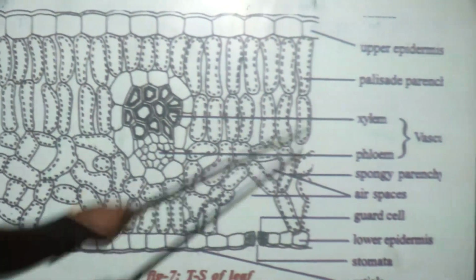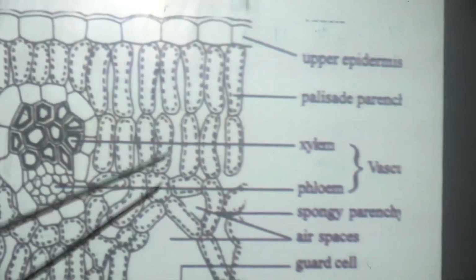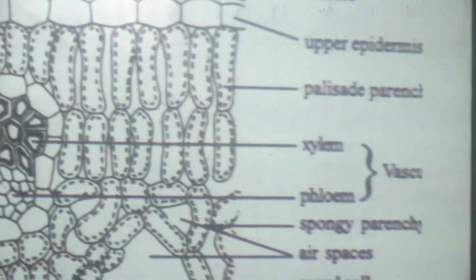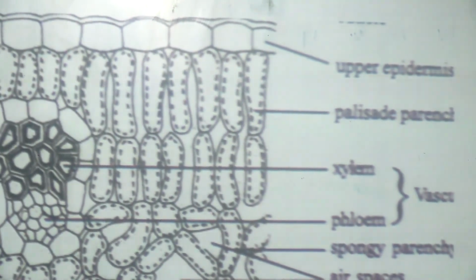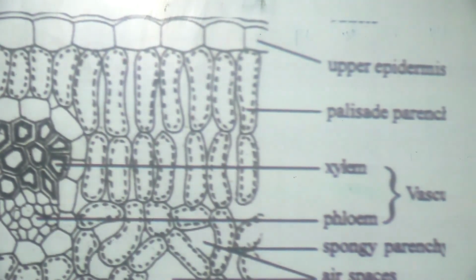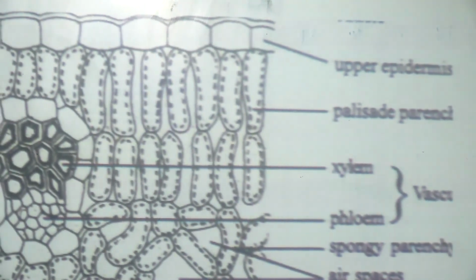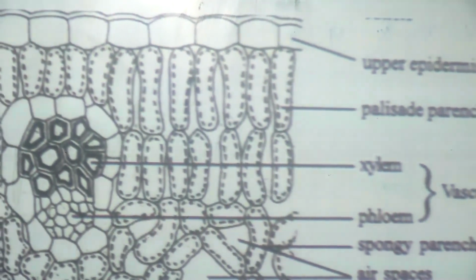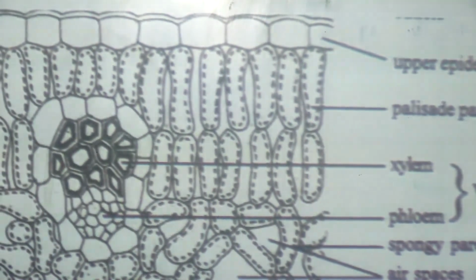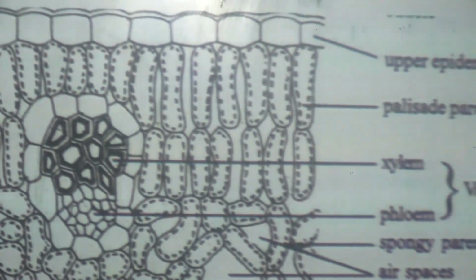Let me give one example. Upper epidermis. In this upper epidermis, there are cells, and these cells are covered with a layer called the cuticle. The cuticle is transparent. This is very important to draw the sunlight, and then maximum sunlight is absorbed by the palisade parenchyma. Like that you have to explain.